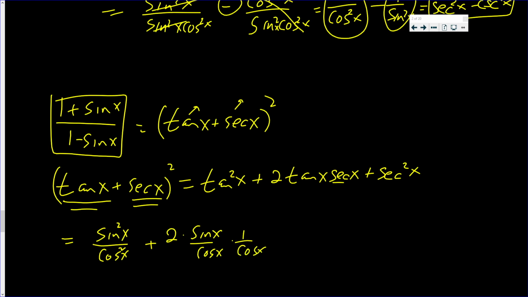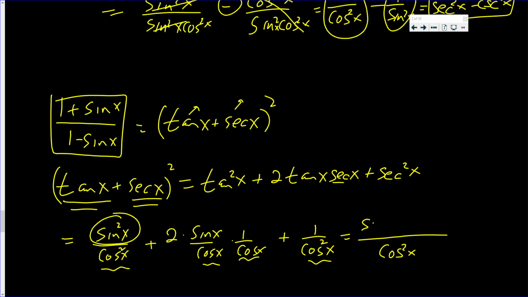What I like about that is both denominators are cosine squared x, plus look at this, secant squared x is 1 over cosine x squared. Wonderful. All 3 fractions have the same denominator. And the numerator is sine squared x, plus 2 sine x times 1, which is just 2 sine x, plus 1.